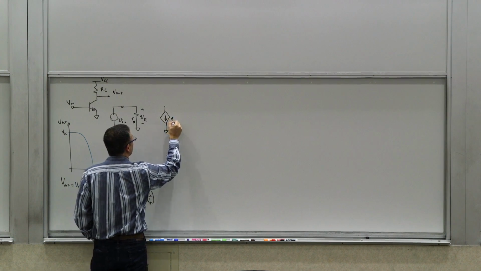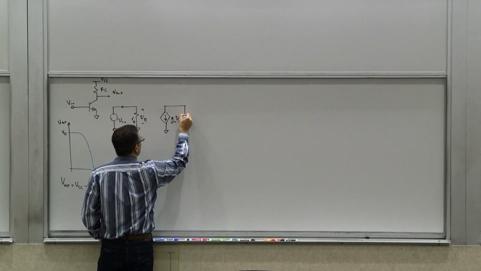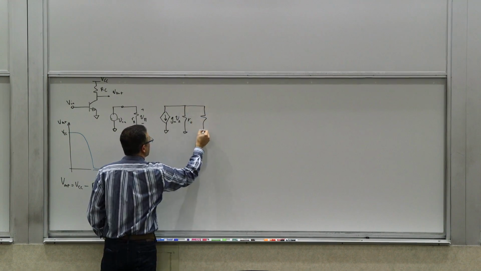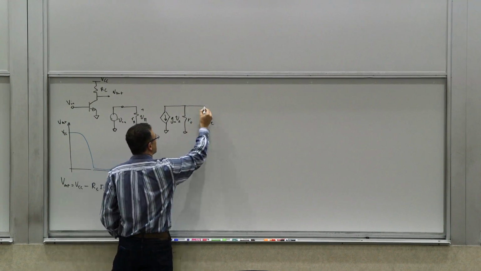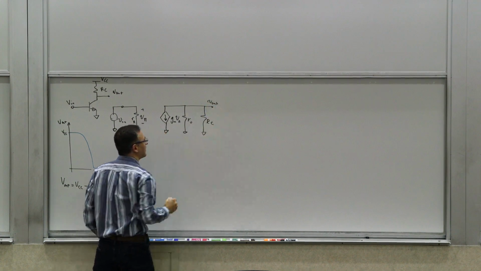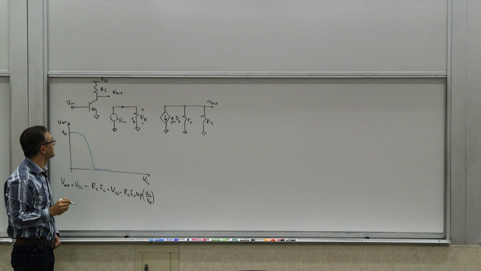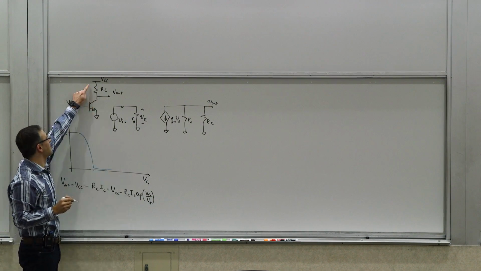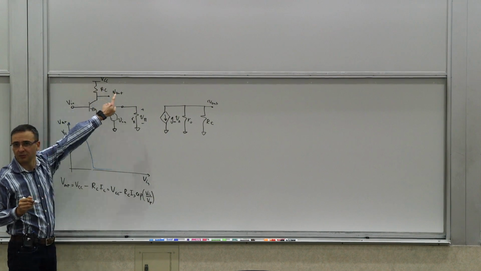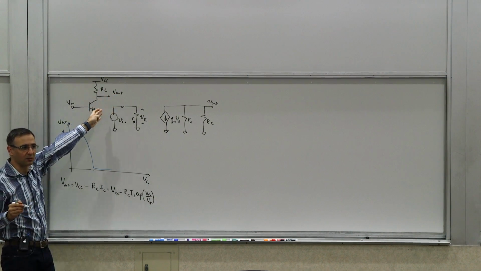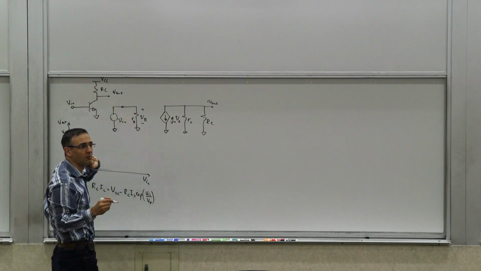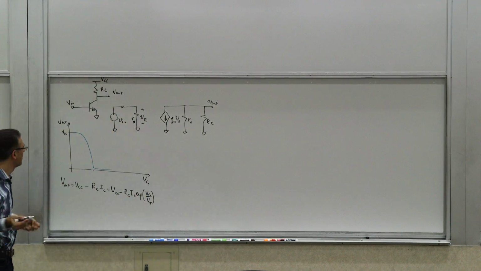You had the gm v pi, you had the ro, and then we had the RC. And this was Vout. And why is RC connected to ground here? Because in the large signal model, it's connected to VCC. It's connected to a constant potential, which from an AC perspective is 0. So there's no difference between this and that from an AC perspective. They're both constant. The derivative of both is 0.